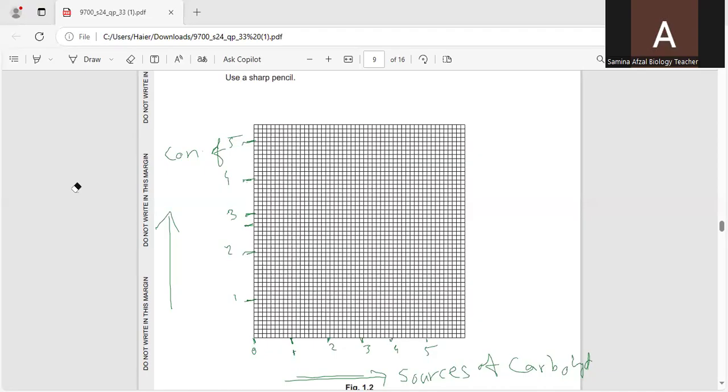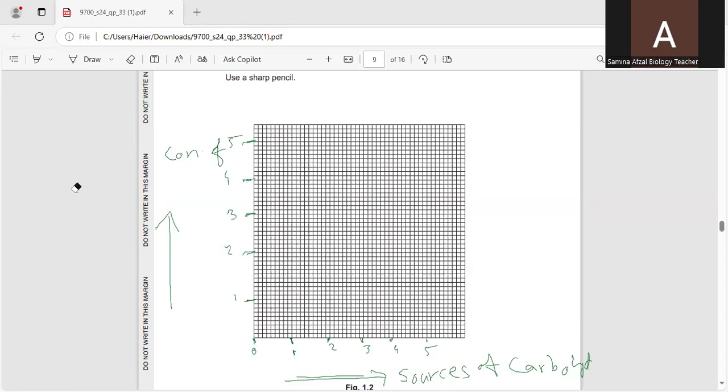I am taking it very roughly because I'm just giving you the idea of how you are going to draw it. Now, for drawing, students, first of all, you have to label the x-axis and y-axis. Then you have to draw the bars.